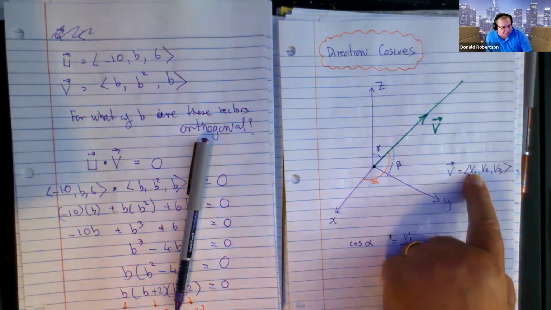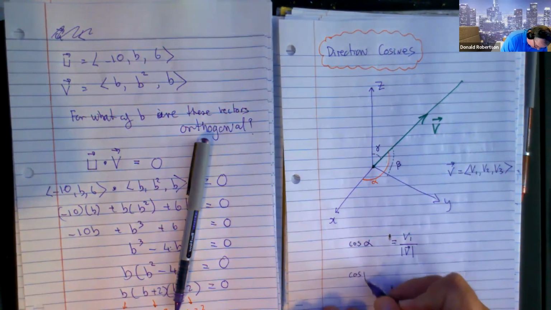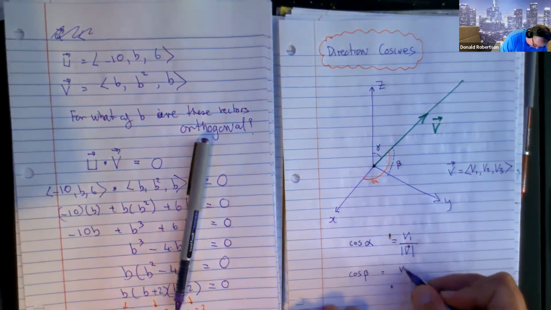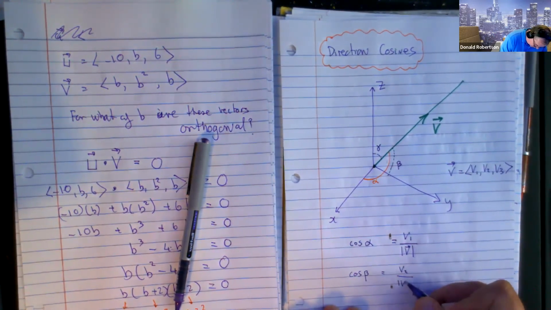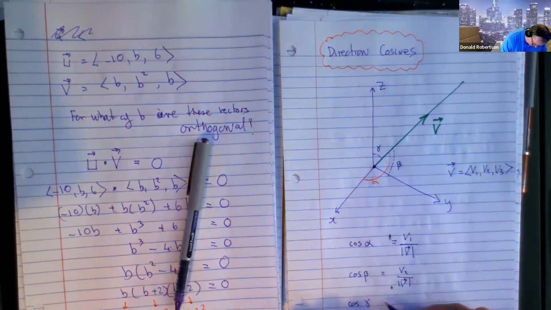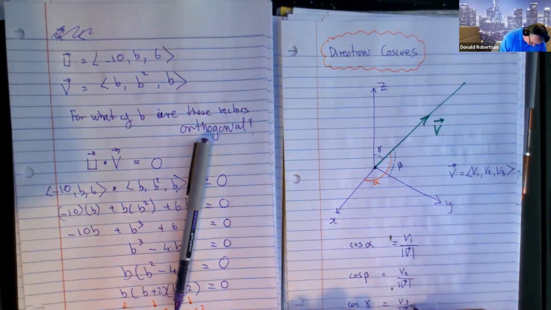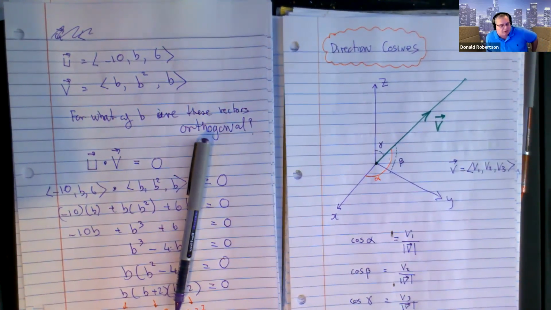It's just the x component, it's a single number. Now, the cosine of beta is V2 over the magnitude of V, and the cosine of gamma is V3 over the magnitude of V. Can you see why these angles are kind of called direction cosines?